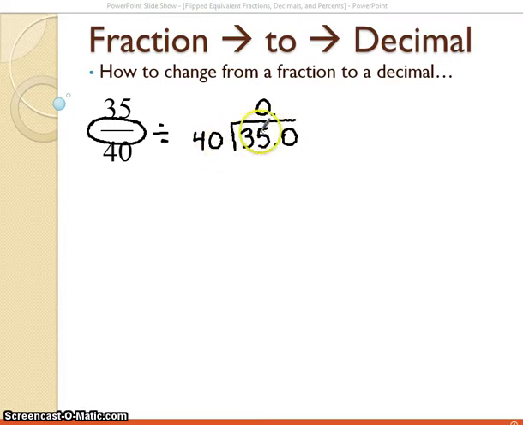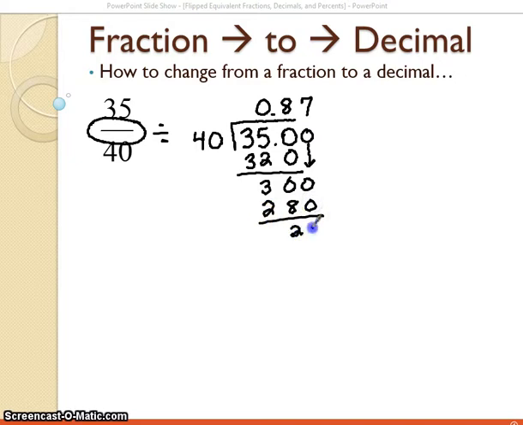40 will go into 350 how many times? 8 times, which is 320. Think 8 times 4 is 32 and put a 0 on the end. That leaves 30 left over. Add another 0 and bring down so that we can continue dividing. 40 goes into 300 7 times, which is 280.